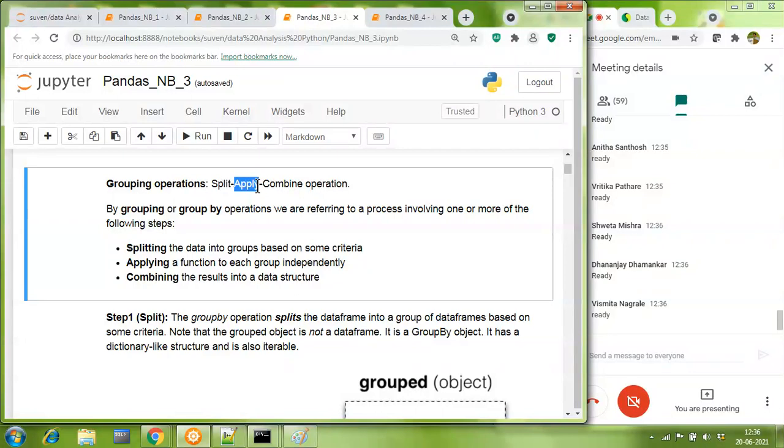So if we want to, let's say, group data on the basis of their rankings or their ratings or their countries, then some kind of processing you're planning to apply. So please apply the processing. And after applying the processing, you are combining the data back so that you can print or present it to the user. So grouping will have three steps broadly: split, apply, and combine.